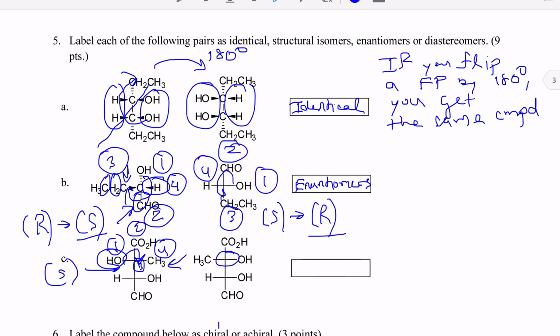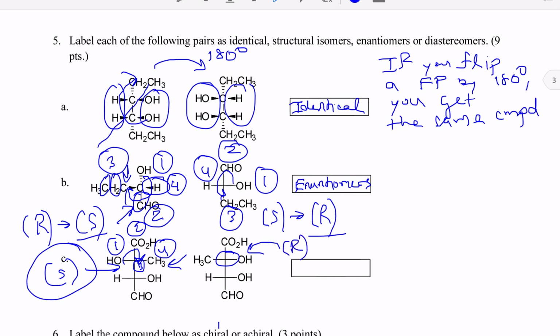And according to the rule of Fischer projections, when you interchange two groups attached to a stereocenter while keeping the other ones fixed in their orientation, this causes the absolute configuration to flip. So if we had an S orientation here, this means that we will have an R orientation here.